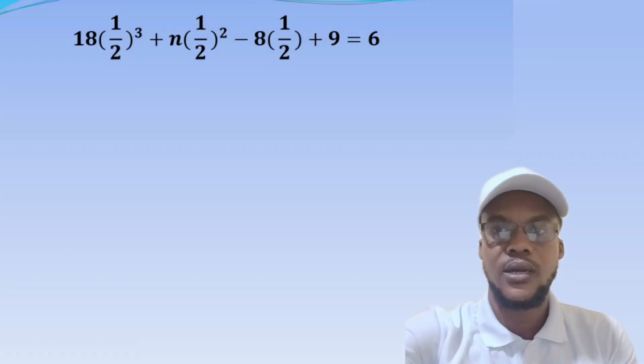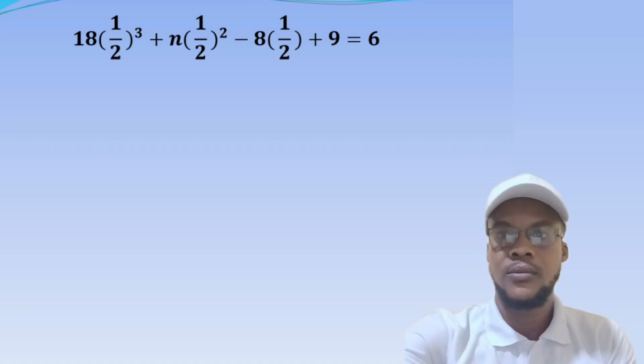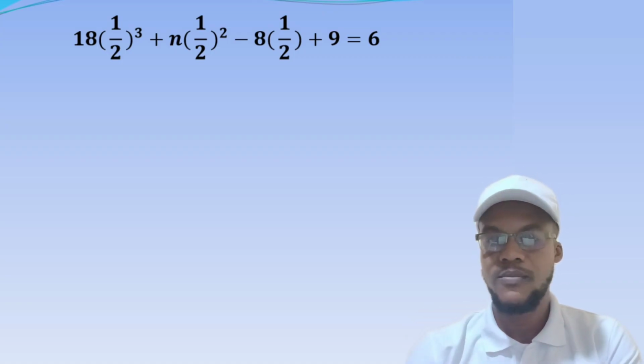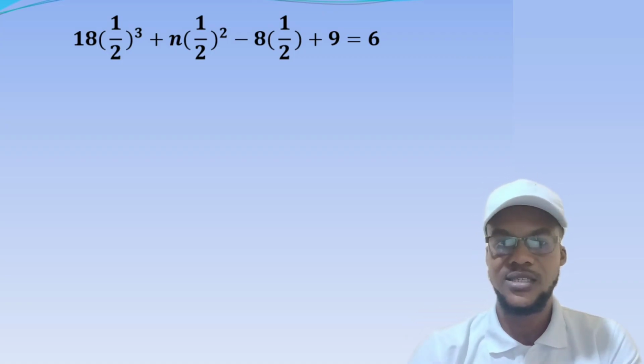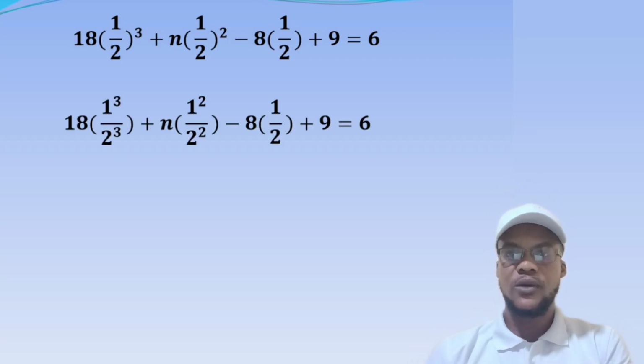Okay, so we've made the correction, it's supposed to be n, not m. So you substitute your value, and this is what you are going to get. Good, so let's do the simplification.